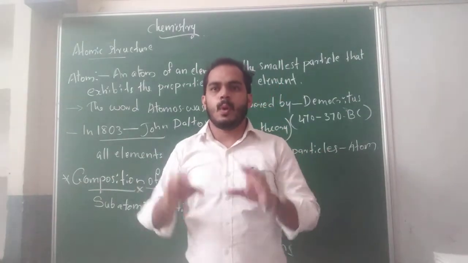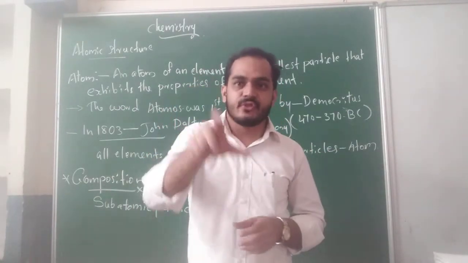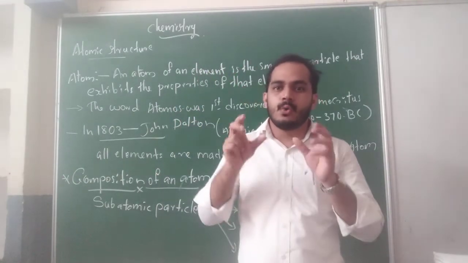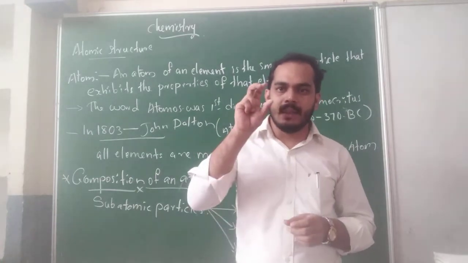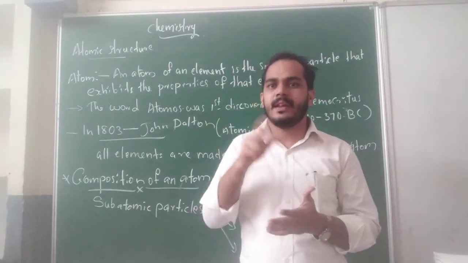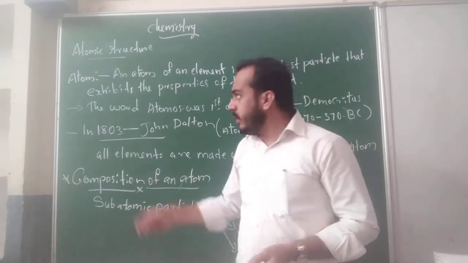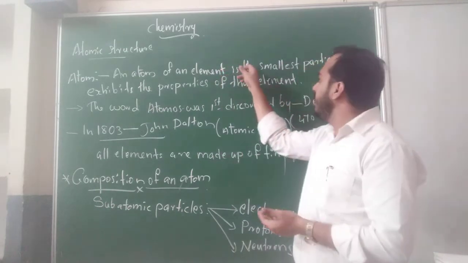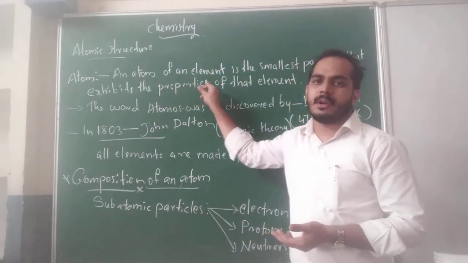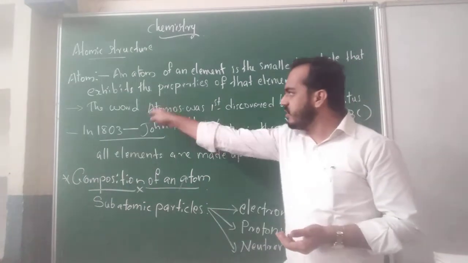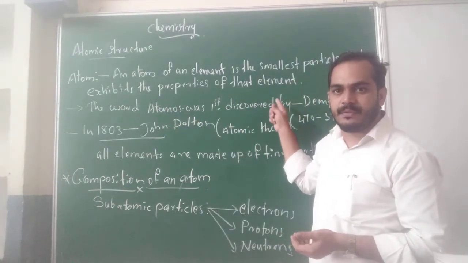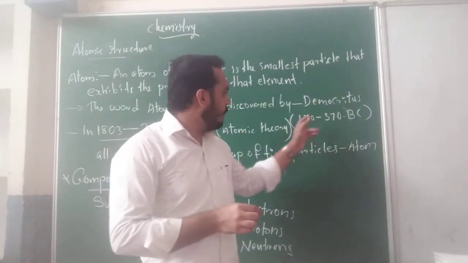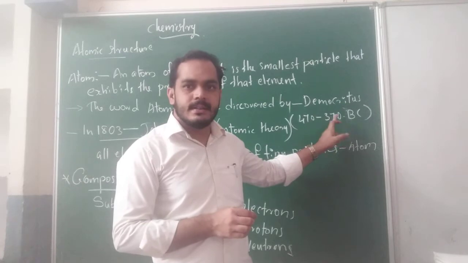I will give you one structure of the atom. The structure of atom will make it easy to understand how the electrons, protons and neutrons are arranged, and their charges. In this topic, first, what is meant by atom? It is the smallest particle that exhibits the properties of the element. It was first discovered by the Greek philosopher Democritus, in 470 to 370 BC.